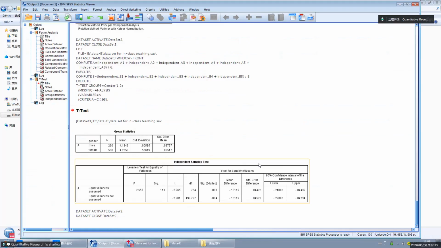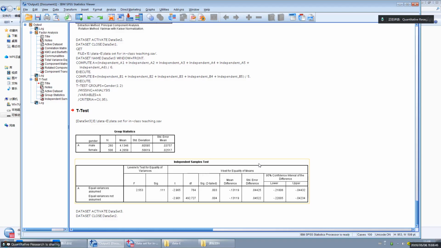It tells us the mean values. For example, we have 260 male students and 506 female students.